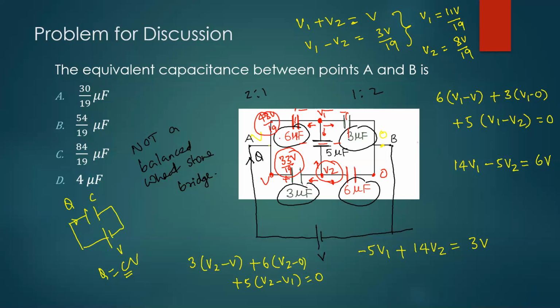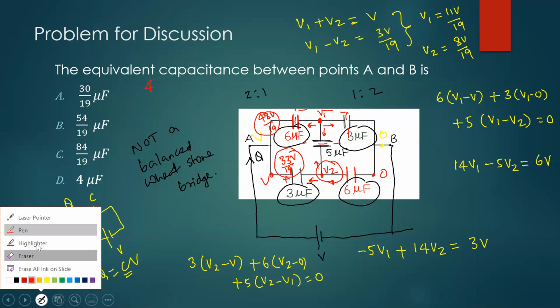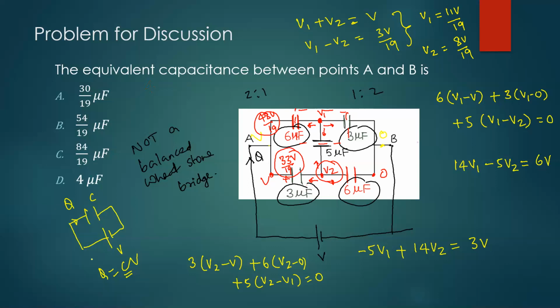Now the upper capacitor has obtained 48V by 19 charge, and the lower capacitor has 33. If I add them, what do I get? Let me switch to the other color. I hopefully have not made any calculation mistakes; I do that many times.